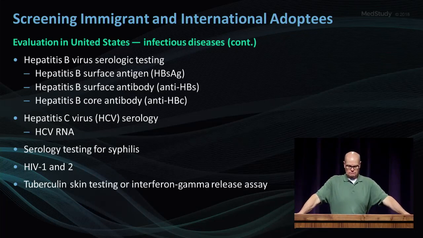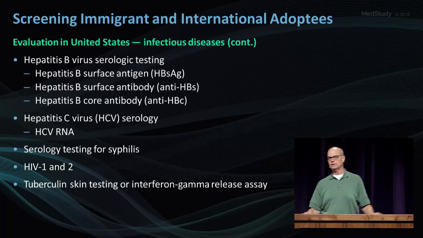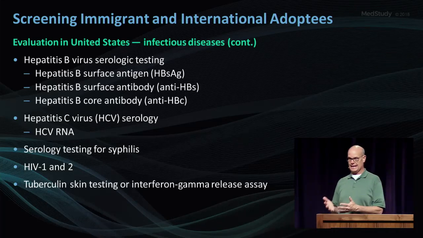And in general, for the reasons we talked about, the majority will probably be tested with IGRA for tuberculosis. One other comment about internationally adopted children: their immunization records, if they come with them, are oftentimes incomplete, oftentimes unreliable, and may indicate use of vaccines which in reality were either expired or inadequate.